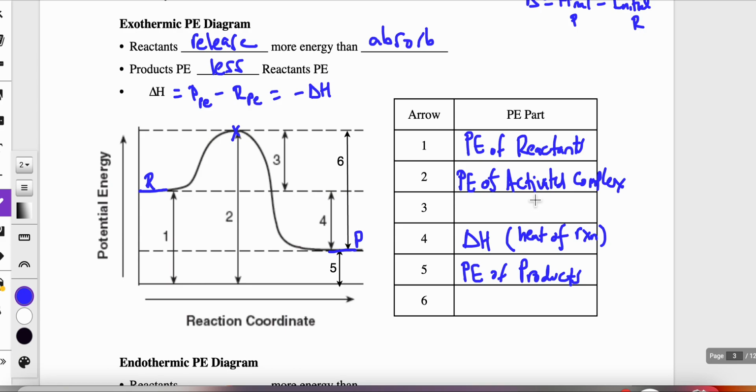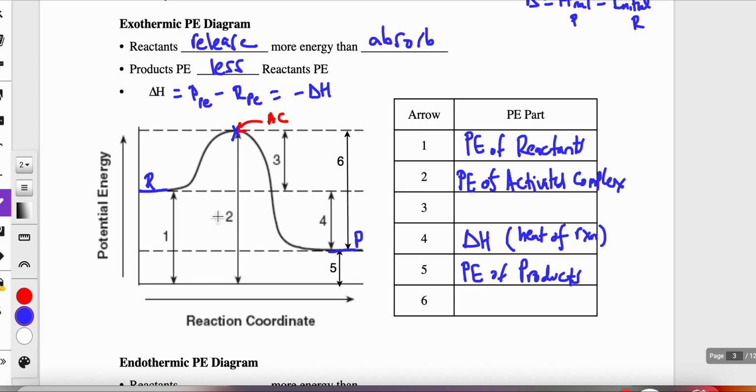You don't need to be able to define or explain what the activated complex is. You just need to know it's the potential energy of the activated complex. You might be asked on a part 2 question, on the given or provided potential energy diagram, place an X to represent the location of the activated complex. So be able to put an X at the peak of the hill.